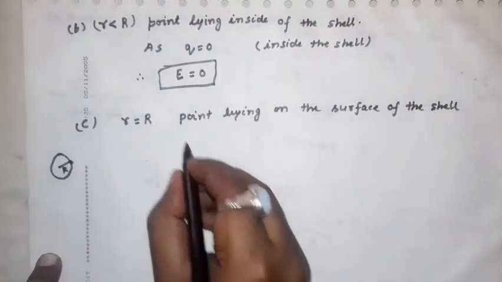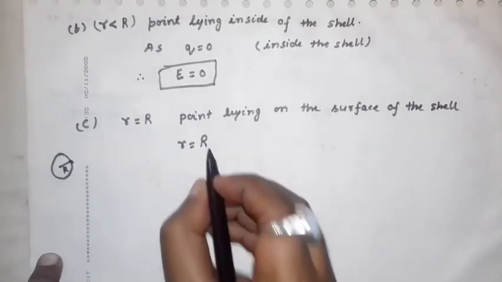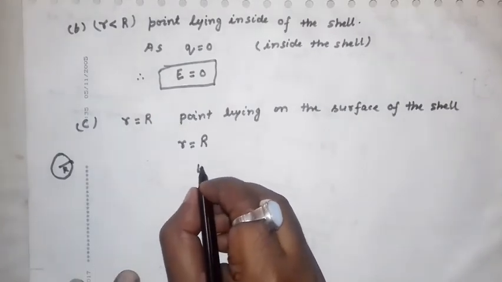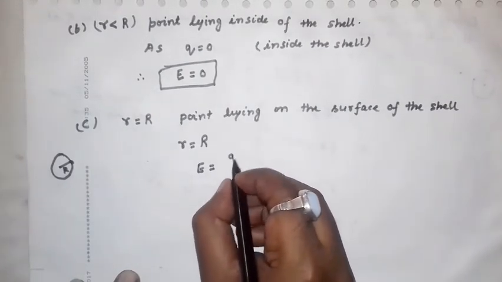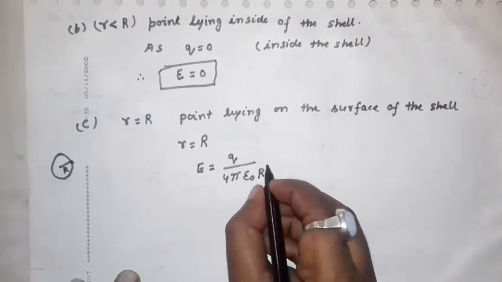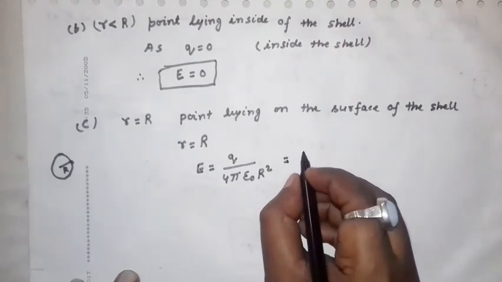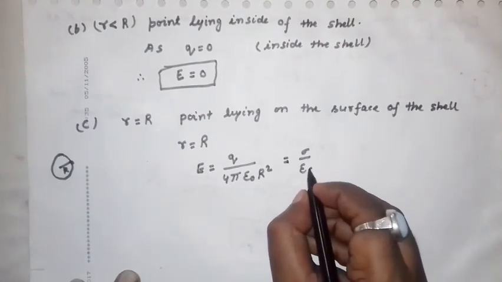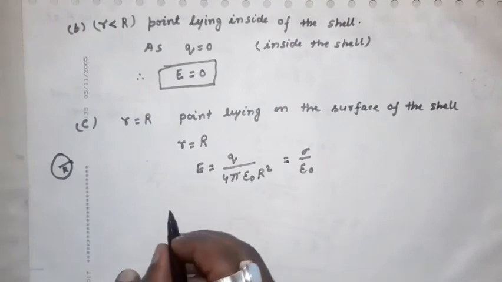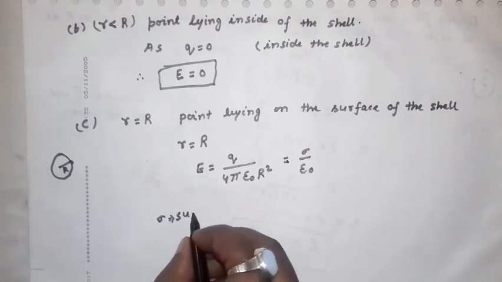In such a case, putting small r equal to capital R, we will get E equal to q upon 4 pi epsilon naught R square, and this will be equal to sigma upon epsilon naught, where sigma is surface charge density.